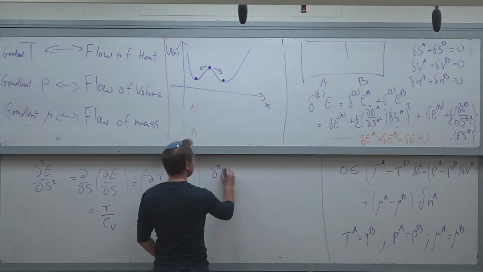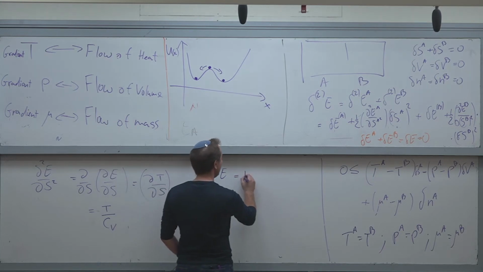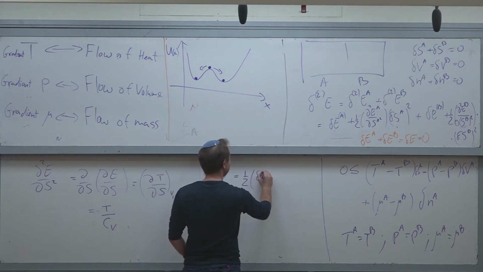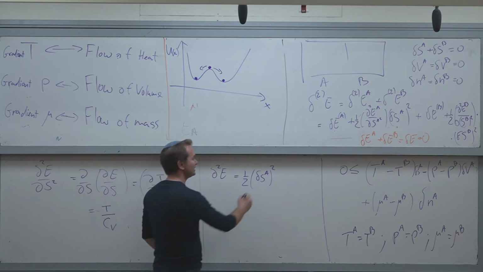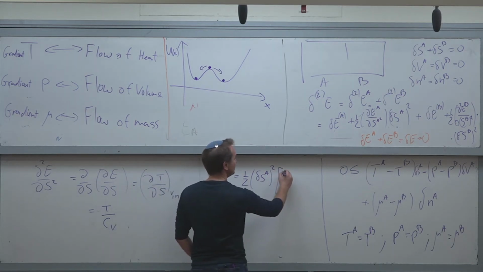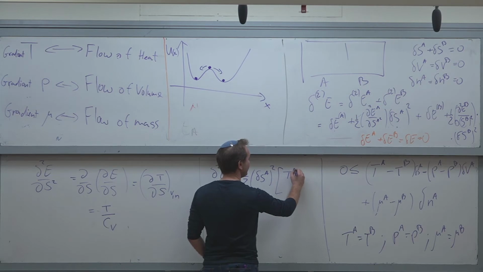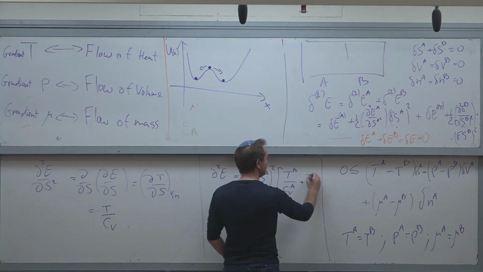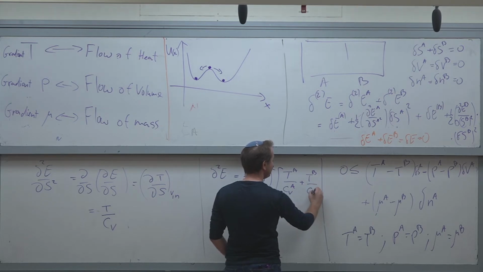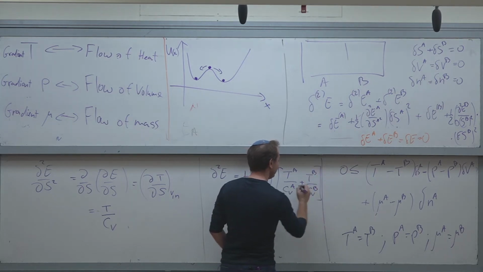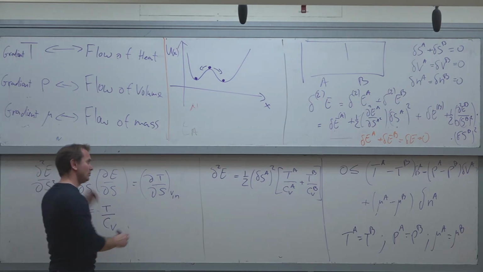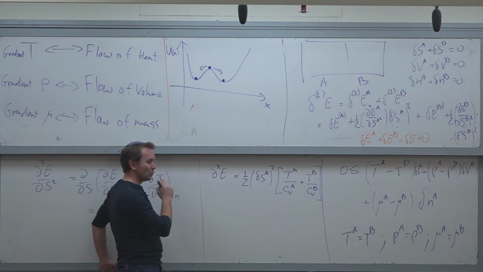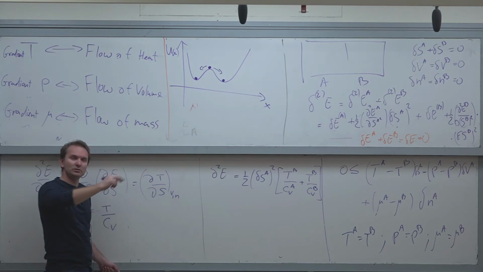So delta squared of E equals 1/2 delta SA squared, okay? Inside here we have T of A divided by CV of A plus T of B divided by CV of B. Now, we are at the minima, right?